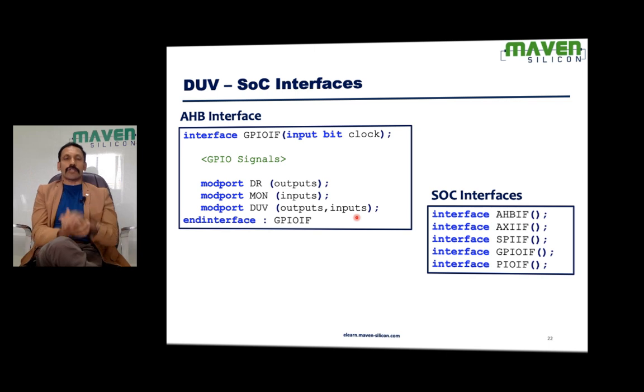Let's say there are 20 signals, 10 would be output, 10 would be input. So you can define direction for various components like this. This is how typically any interface would look. Interface, end interface, and then the interface has all the signals, and then we define direction for different components, how we want to use these signals for different components.